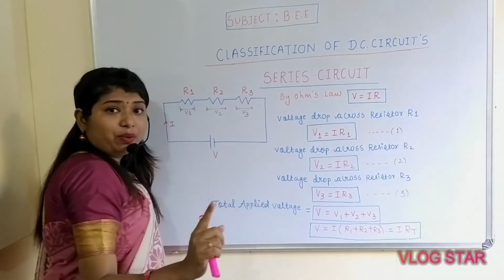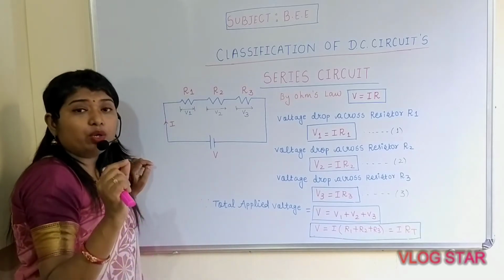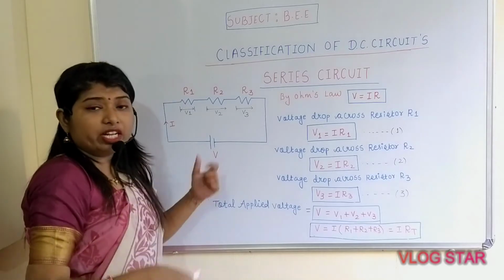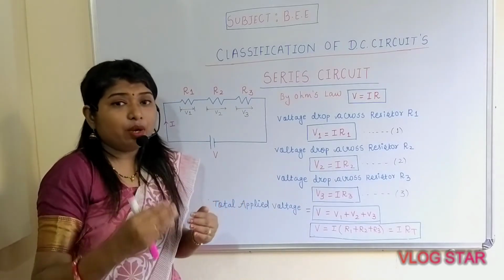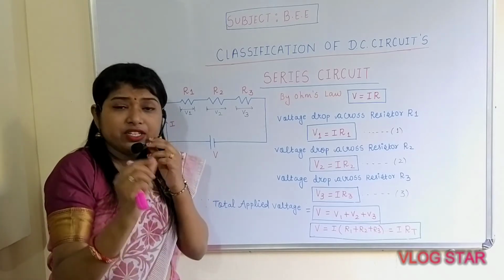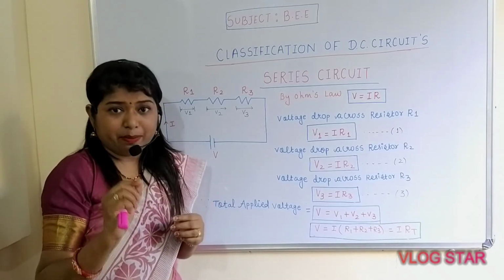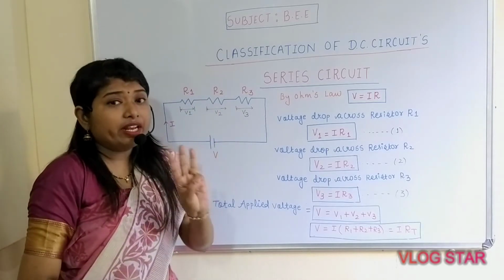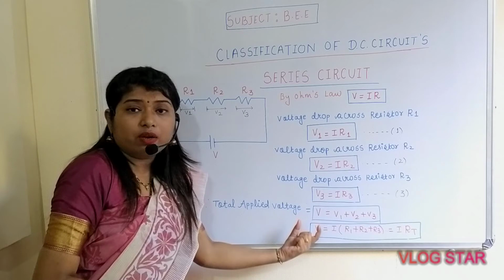Now what you need to calculate? You have to calculate the total applied voltage. So what would be the total applied voltage in a series circuit? It is equal to the sum of the voltage drops across each and every resistance. Am I right? So how many resistances are there? There are three resistances. So what would be the total voltage?